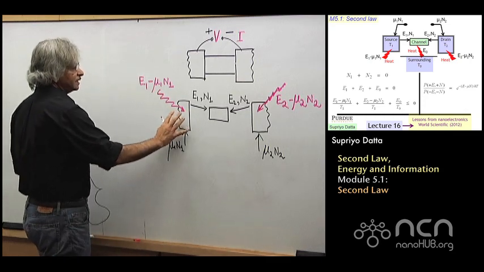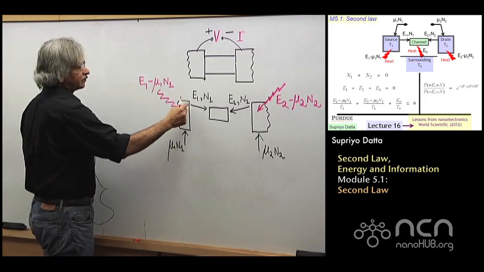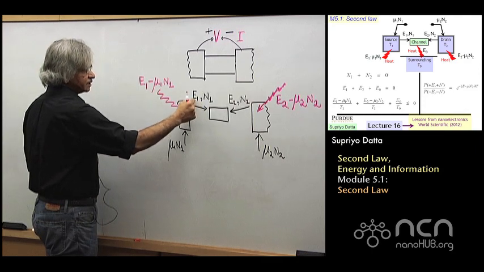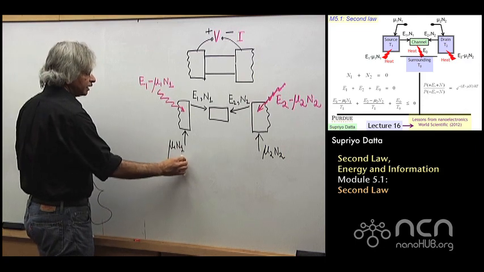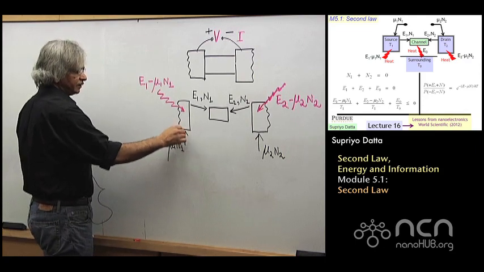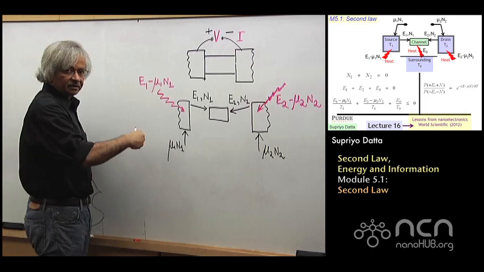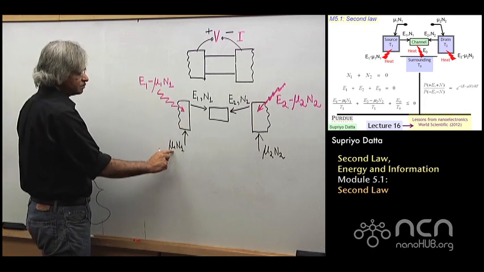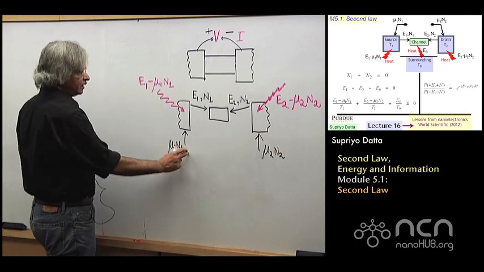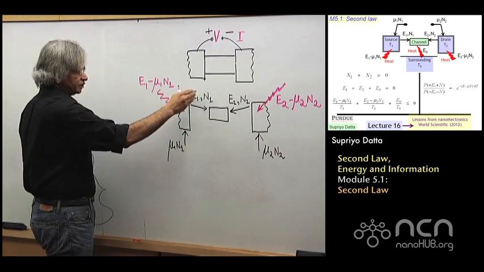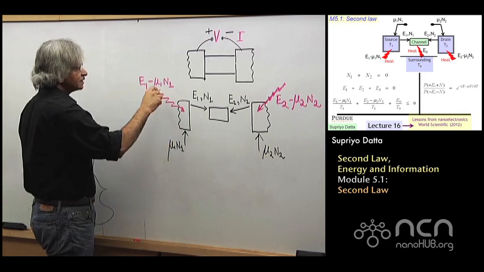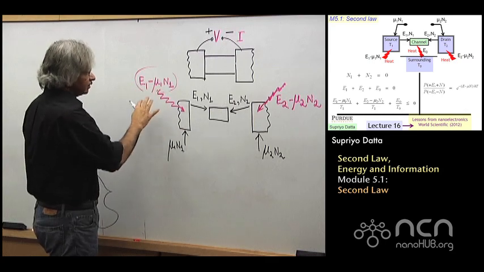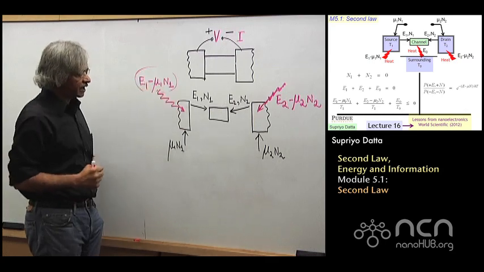Now, if you look at this contact, then when this electron comes out of here, it takes this energy E1, and another electron comes in from the battery. The new electron that comes in is around the electrochemical potential, and the energy associated is mu1 times N1. And this difference between E1 and mu1 N1 is what comes in from outside.